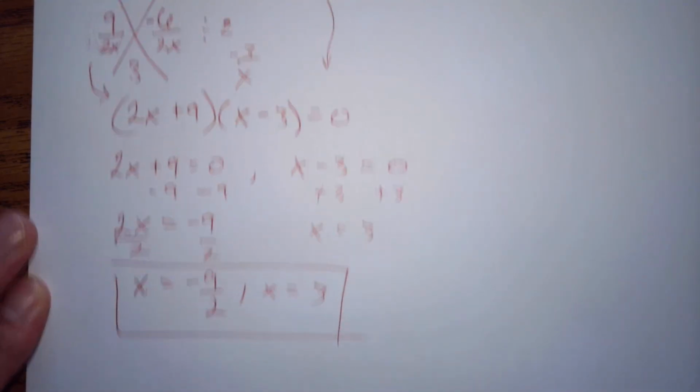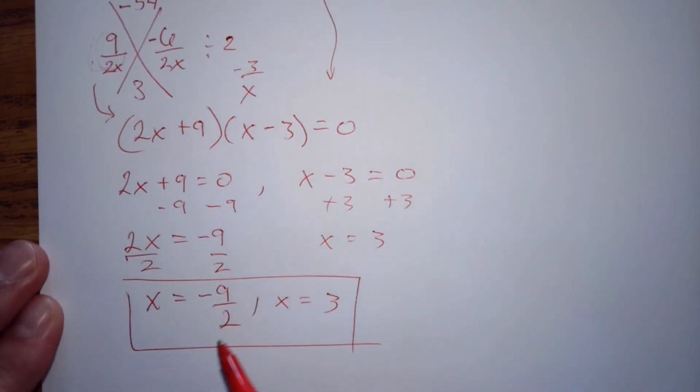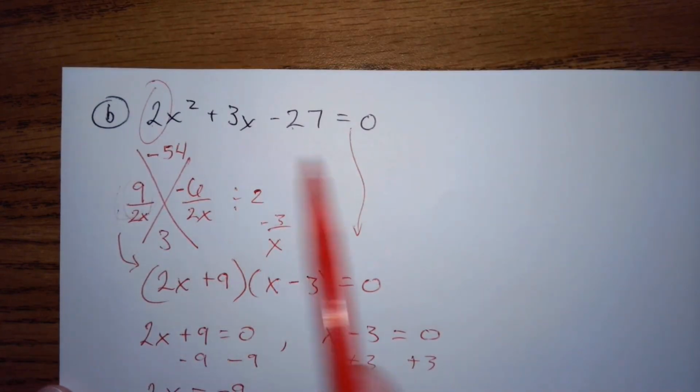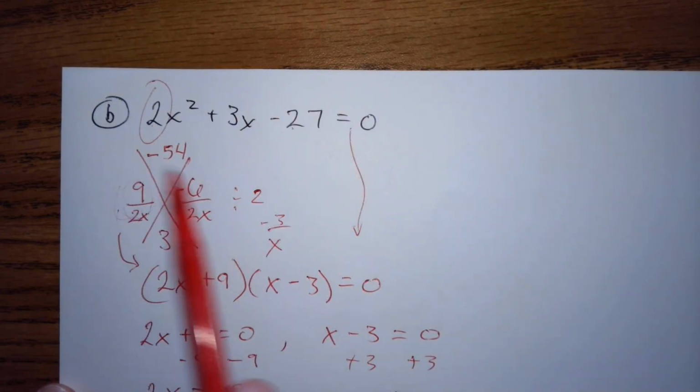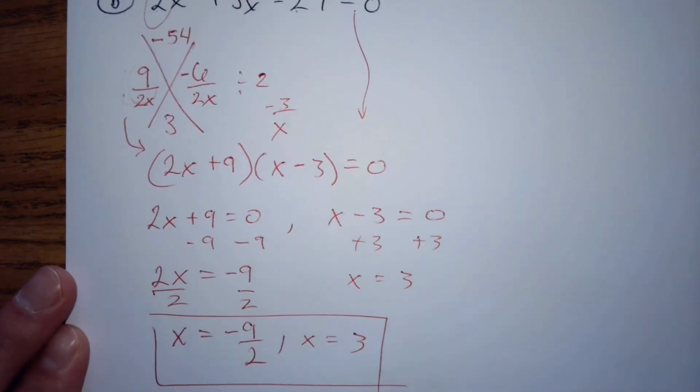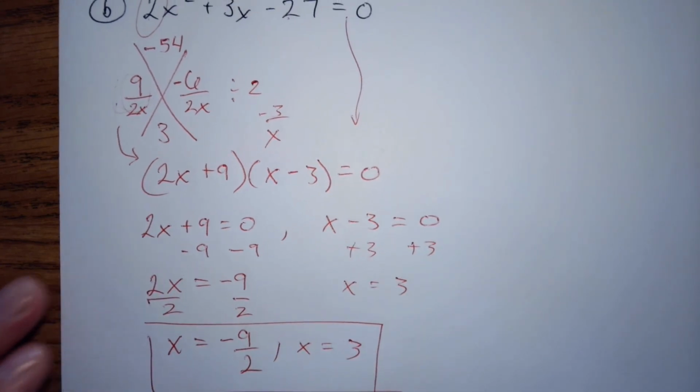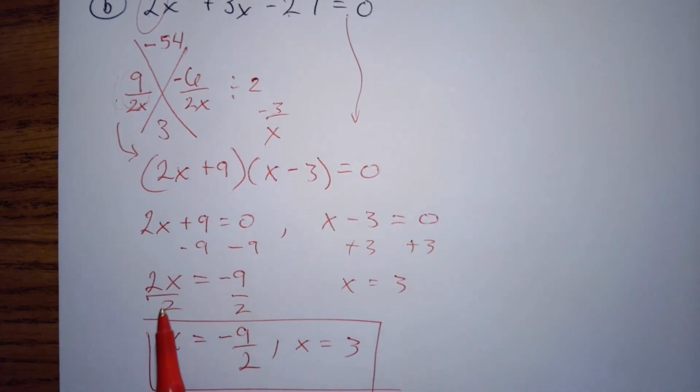Those are our answers. If you were to plug it in here, you should still get 0 once you added them all up if you're using PEMDAS correctly. So all of the factoring that we've been doing, we can do with this. The only new steps are to set each piece equal to 0 at the end because of the zero product property.